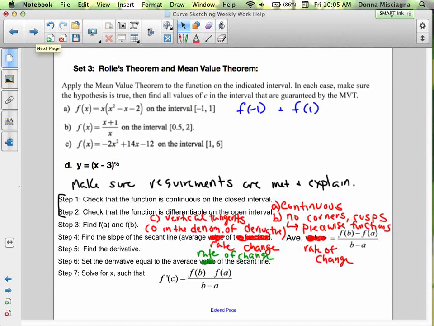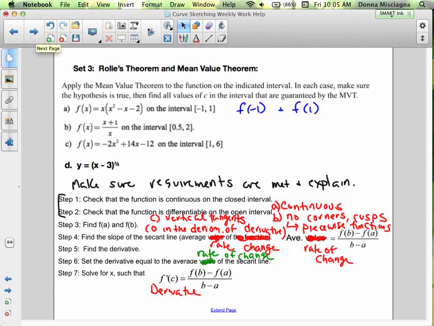So this is the derivative, and solve for x.